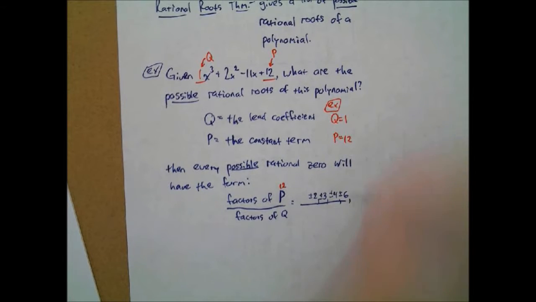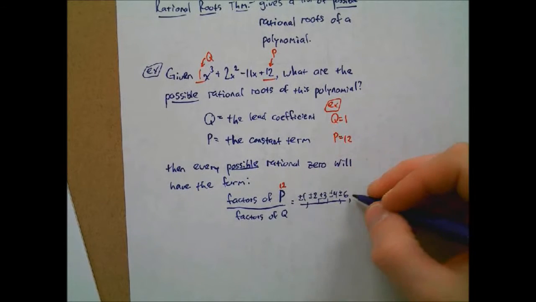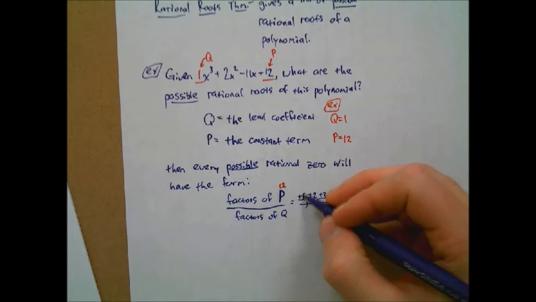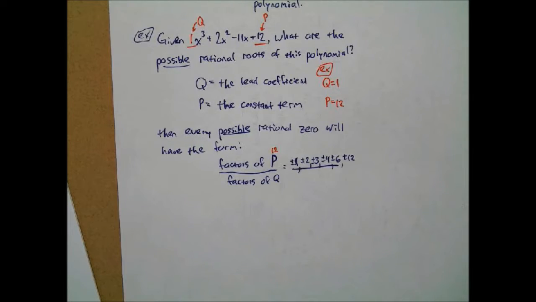What else? 12. Yeah, don't forget the obvious ones, 1 and 12. Any more? 1, 2, 3, 4, 6, 12. Any other numbers that divide 12 evenly? So this is important too, that we can recognize when we need to stop trying to list numbers out. We want to make sure that we're sure. But the answer is, yeah, that's it.